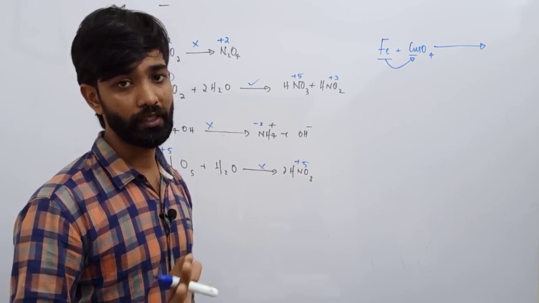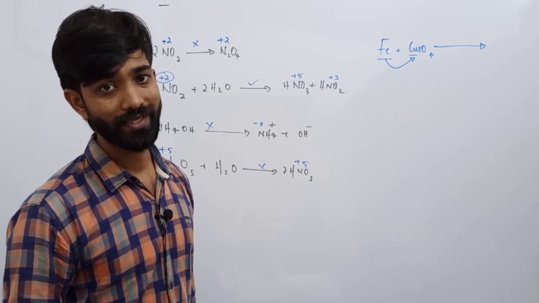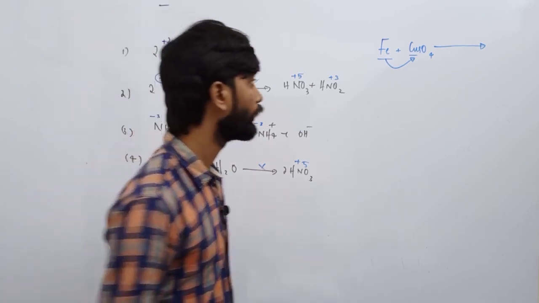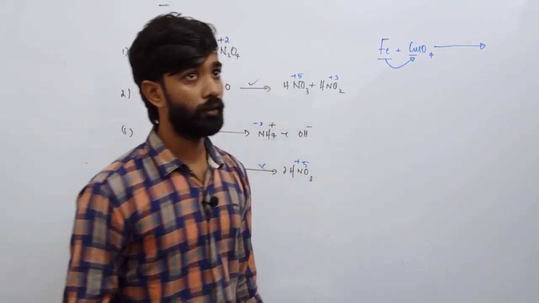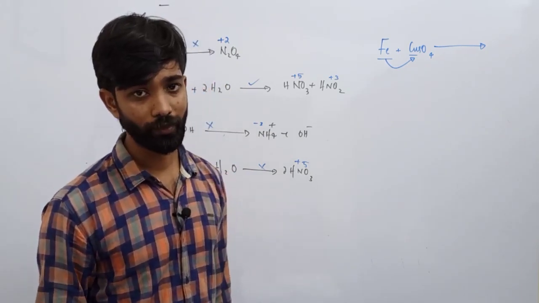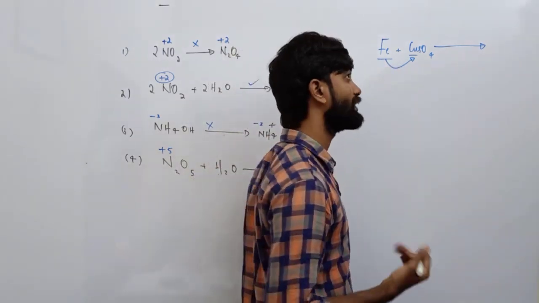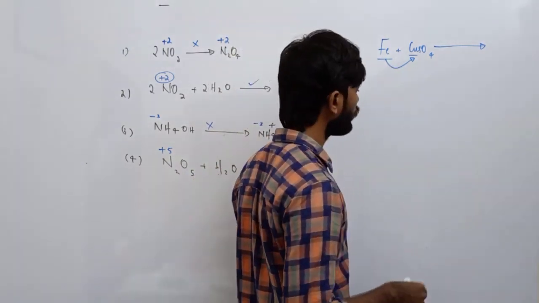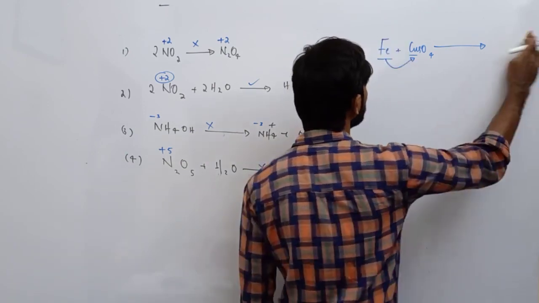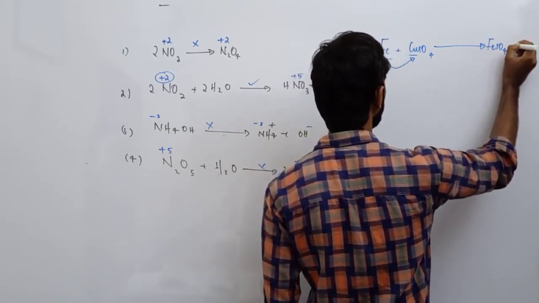So everything about electrochemical cell and electrolytic cell will be discussed, so don't worry. By having a brief idea about your electrochemical series, then only you can say that copper is displaced by iron. So you should know that iron can displace copper. So if it displaces copper, what happens?